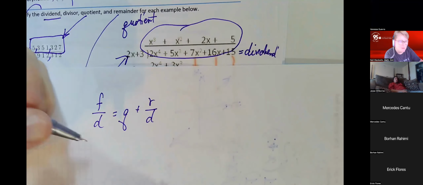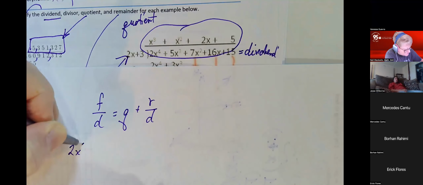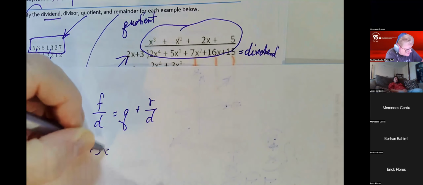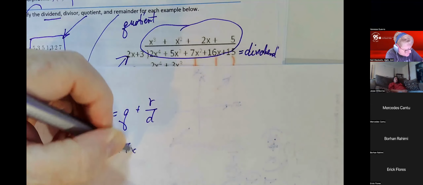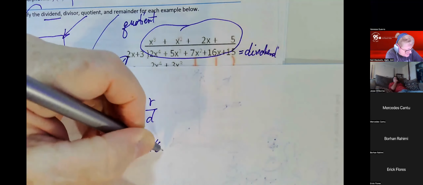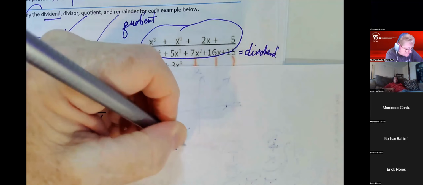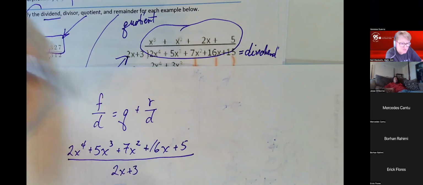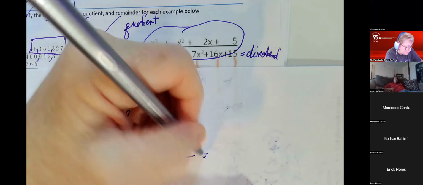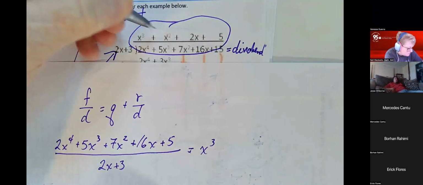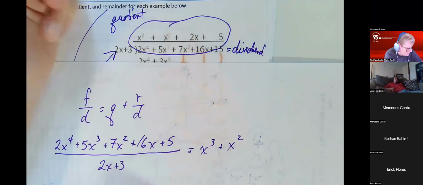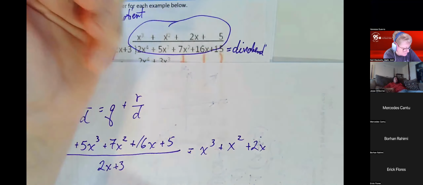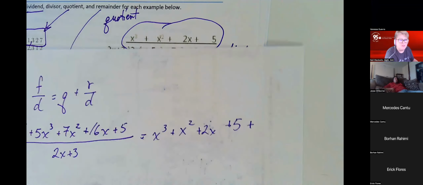We have 2x to the fourth plus 5x cubed plus 7x squared plus 16x plus 5, all divided by 2x plus 3, the divisor, equals the quotient, that's that whole long thing, x cubed plus x squared plus 2x plus 5, plus the remainder divided by the divisor.